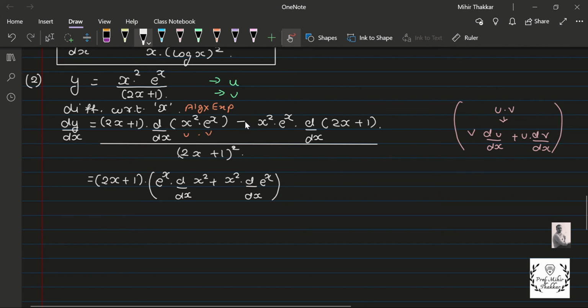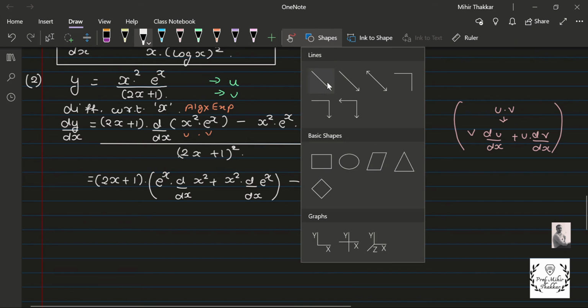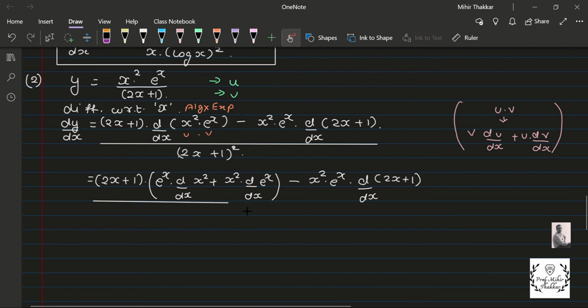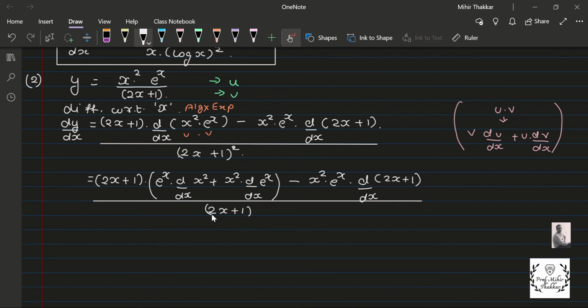It has to be subtraction. x square into e raised to x is as it is, and derivative of 2x plus 1 we will write it as it is for now, and in the next step we will take the derivative of all the terms together, divided by v square, which is 2x plus 1 the whole square.